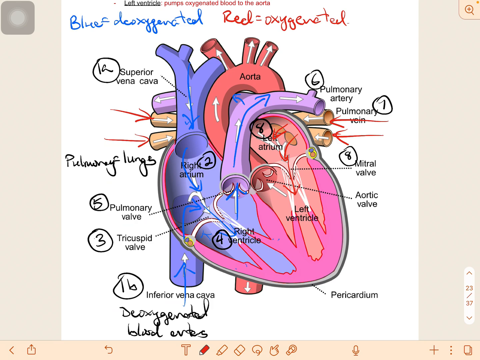Once these large, really strong muscles pump, they are going to shut the mitral valve and then flow out of the aortic valve.